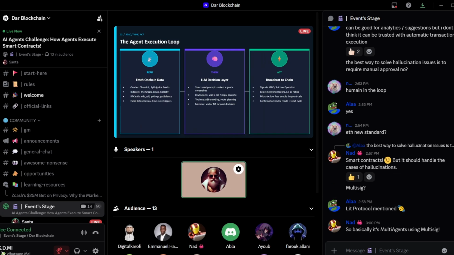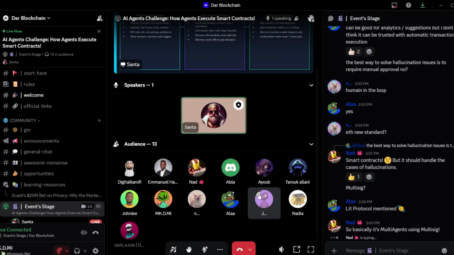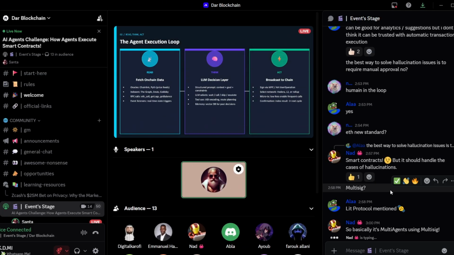So there are two main sources. We have oracles like Chainlink or Pyth, and there are a lot of others, but these are the famous ones, that push real-world data on chain, like price feeds, sports results, weather, whatever you like. And the agent queries these contracts and gets reliable data.